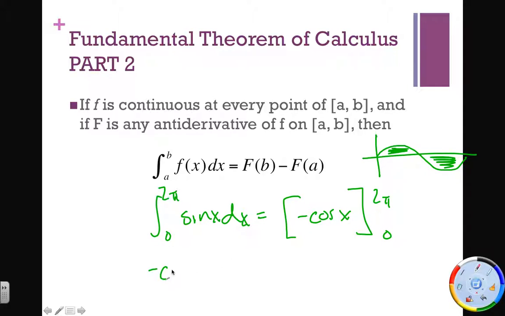Says, okay, take the negative cosine of 2 pi minus the negative cosine of 0. And cosine of 2 pi is 1, which makes this a negative 1. And cosine of 0 is 1, so it's minus a negative 1, and I get 0. So notice they will cancel out. Using this formula, you create net area. What's the total area is something a little bit more in depth, more in detail.